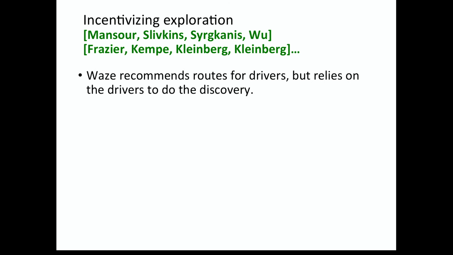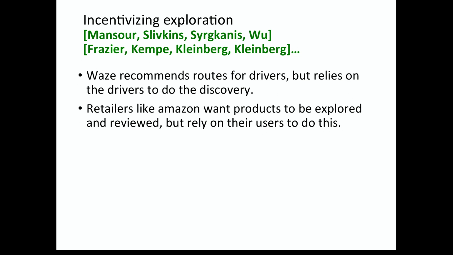Drivers may not want to explore the space. They might want to do the thing that's best for them. Or similarly, a retailer like Amazon wants users to explore products and review them so that many products have reviews, and ultimately they can converge to best pricings and recommendations, but they have to rely on their users to explore the space.